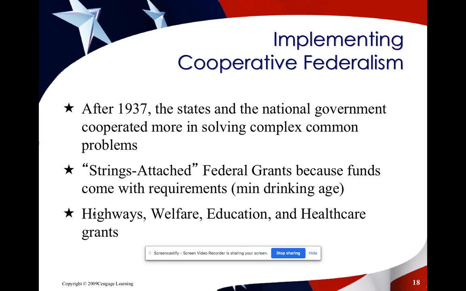For instance, let's look at education. You guys have to take a test every year. It's called PARCC now, even though you didn't have to take it in 2020 because of the coronavirus. Look, how does the national government get the state governments to take that test?